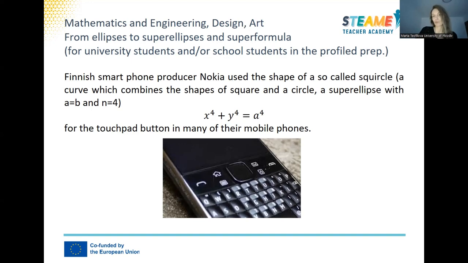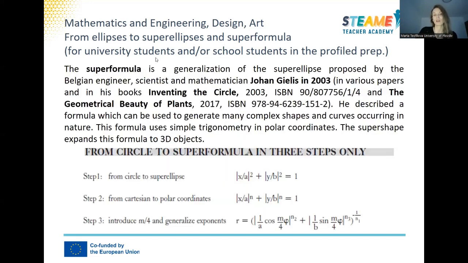Further, the formula of the so-called super-ellipse incorporating the ellipse and the rectangle was generalized by another mathematician, engineer and biologist, Johann Gielis. You can read about this in two of his books, Inventing the Circle and The Geometrical Beauty of Plants.